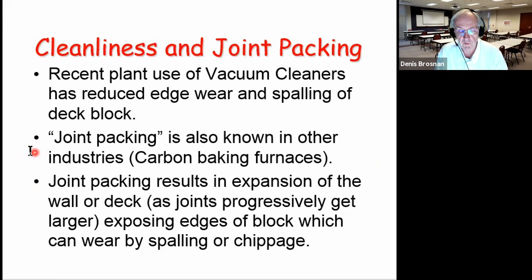They're running into the side of the kiln, or factories are. So a lot of people are using vacuuming systems that employ robots to clean their cars after each use so that they don't have this problem of joint packing.